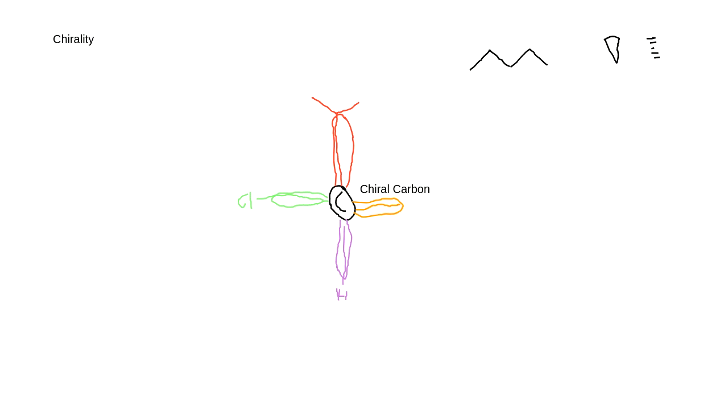If you see that, that is called a wedge, and if you see this, this is called a dash. That is important for chirality and stereochemistry and all of your chair, Newman, and Fischer projections. You'll probably learn about that in the upcoming week. So I'm trying to give you guys an example of this.